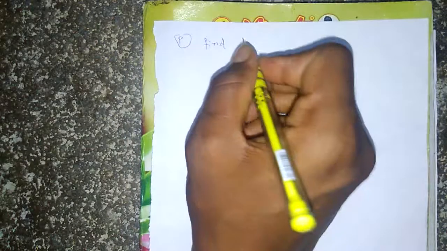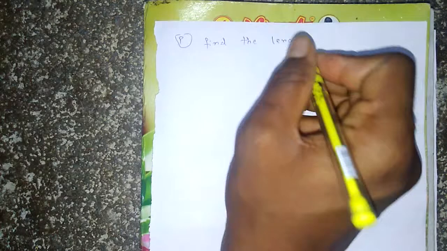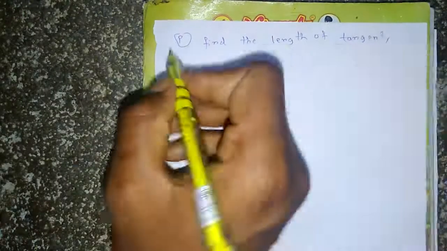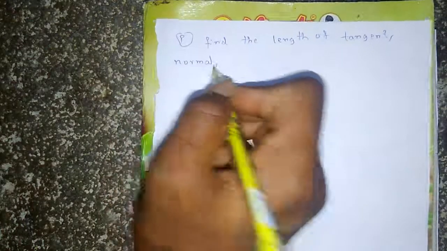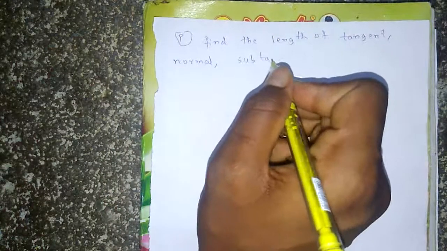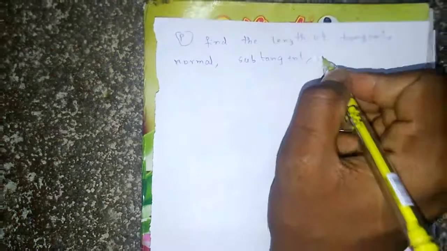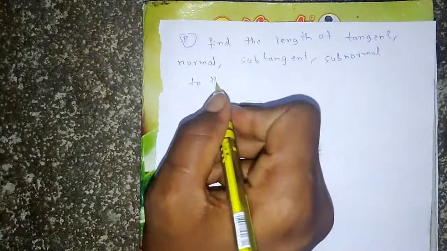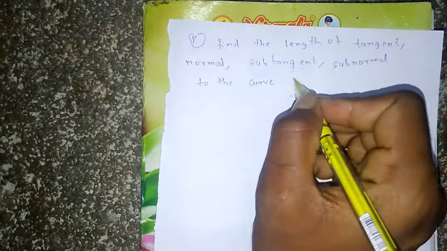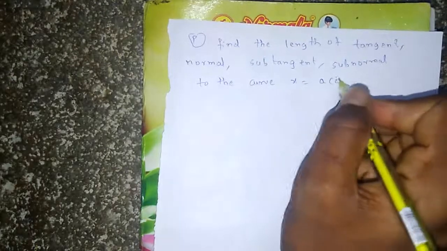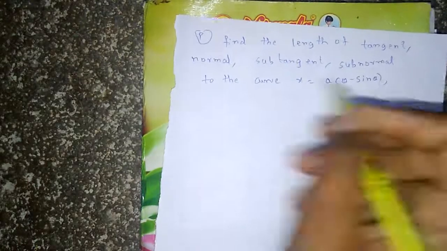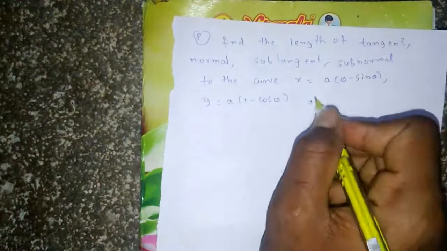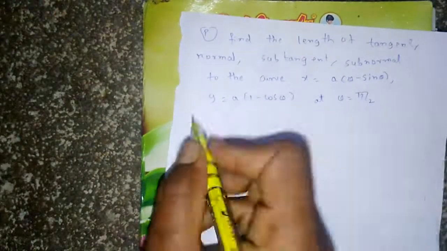Find the length of tangent, normal, subtangent, subnormal to the curve x is equal to a into theta minus sin theta, y is equal to a into 1 minus cos theta at the angle theta is equal to pi by 2.